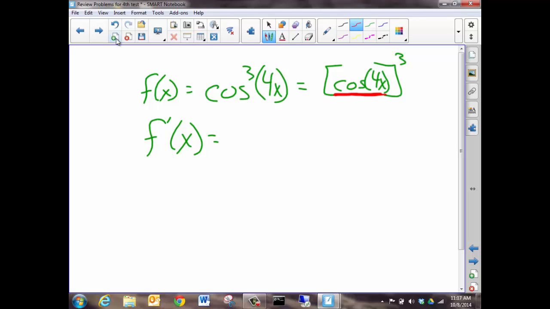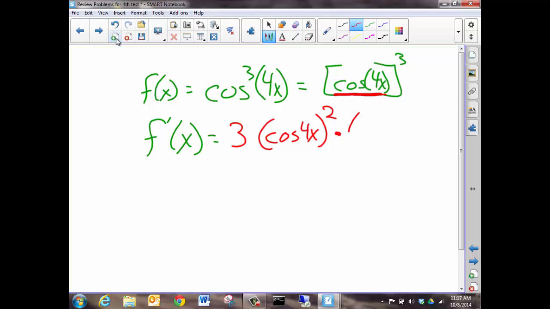So remember, if I'm doing the chain rule here, the chain rule says I bring down the power 3 times the inside function to the second power, so that's just the derivative of the outside thing, times what's the derivative of the inside thing?